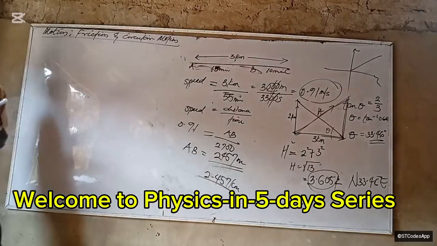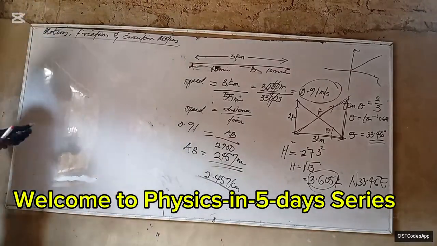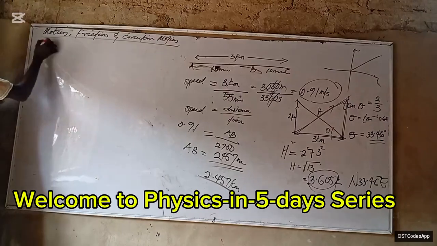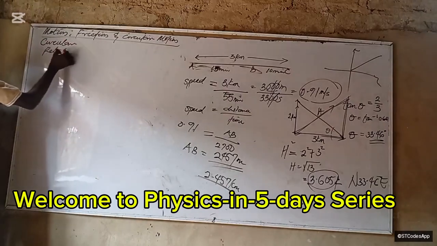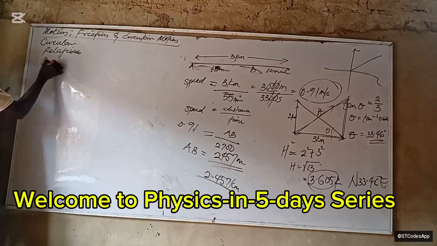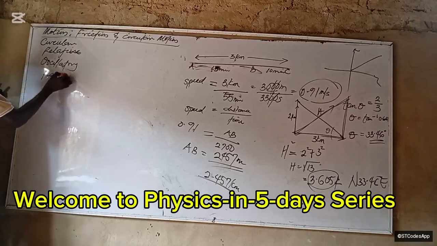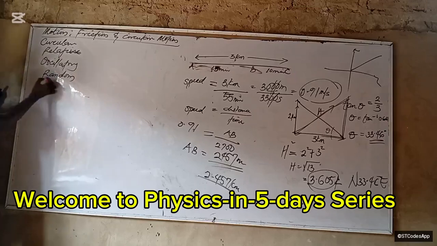Alright, and there are different types of motion, which are what? We have circular here, relative here, oscillatory, random, and translational here.